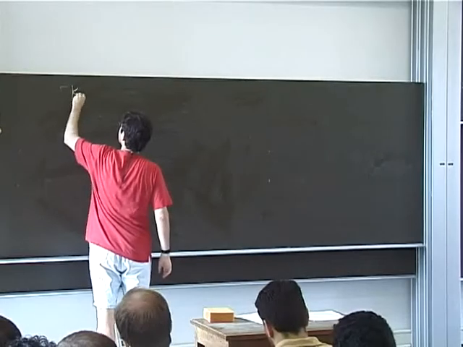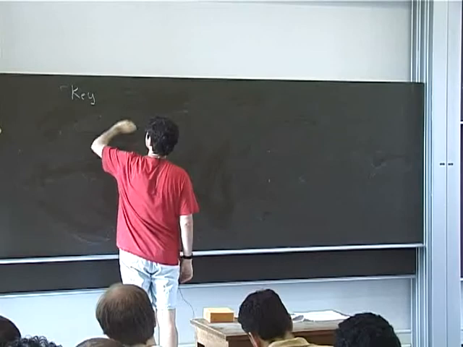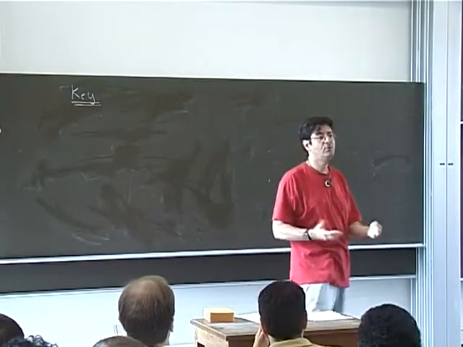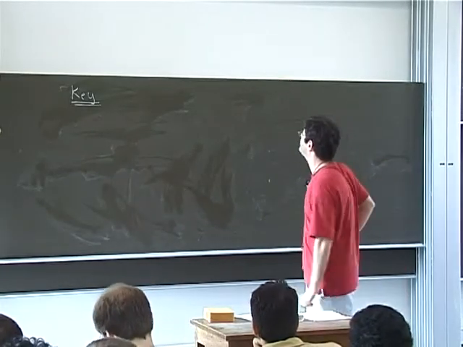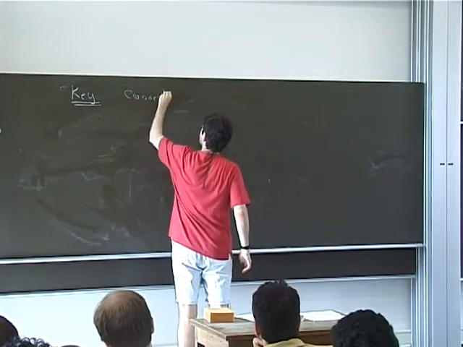The key to both results, both this theorem of Wiles and so on, and the theorem of Gross-Zagier, is the connection with modular forms.